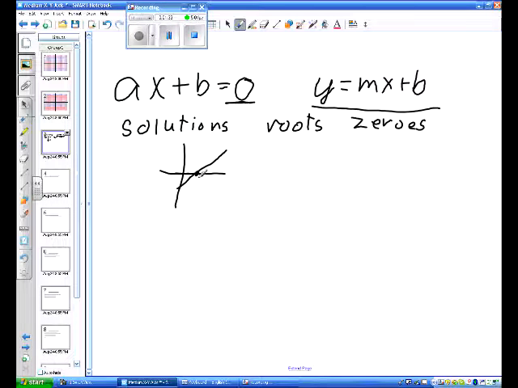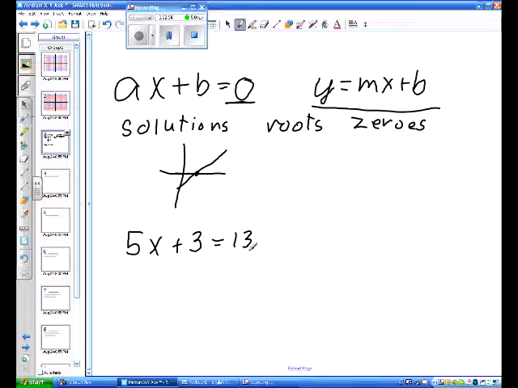Now, what we're doing when we go about solving our linear equations is we simply set up a series of equivalent equations. What we mean by equivalent equations are equations that look different but have the same value or the same solution, the same 0. So we could have the equation 5x plus 3 equals 13.